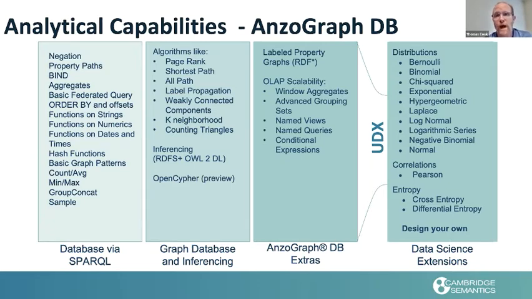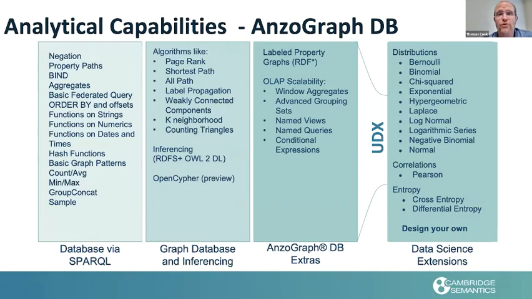But we've also added hundreds of additional functions to provide additional insights on the graph itself. So for instance, graph algorithms. Graph algorithms exploit information that's stored in the relationships.